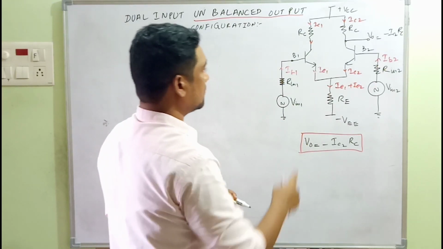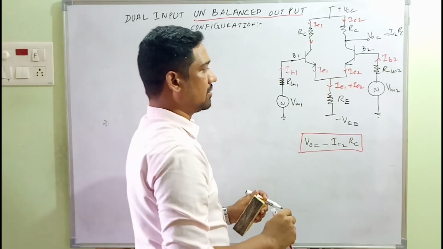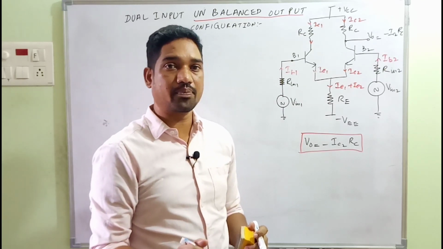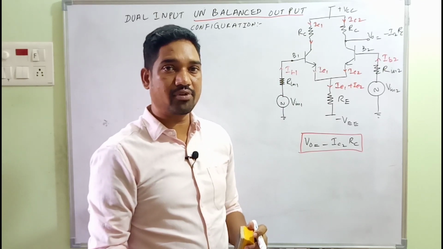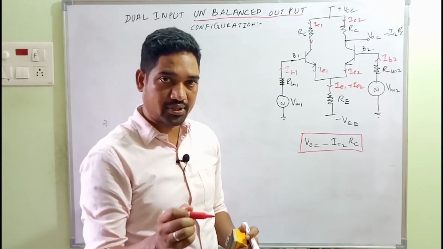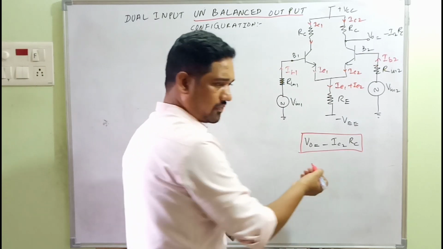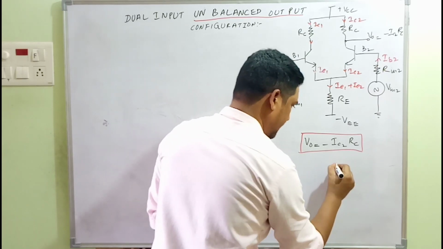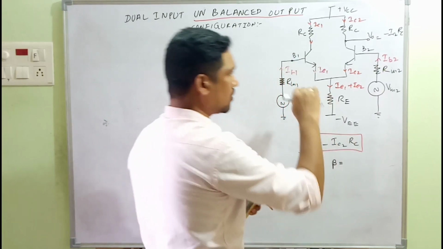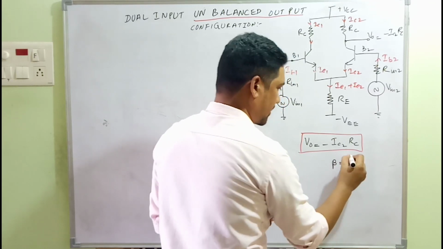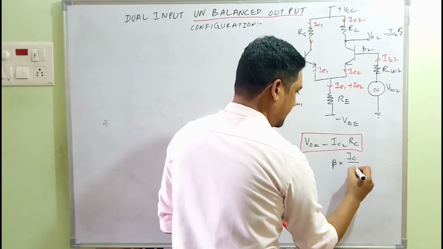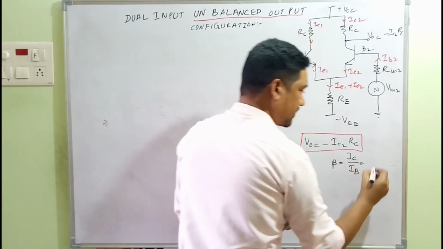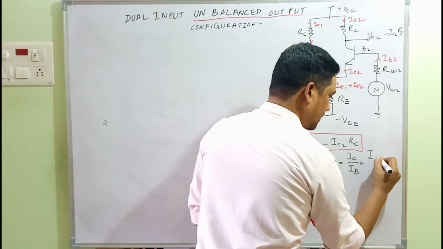Both transistors are connected in common emitter configuration, and in the common emitter configuration the input is the base and output is the collector. So input current will be the base current and output current will be the collector current. In that case, we have a beta. For every transistor we have alpha and beta. Beta will be equal to the output by input current. It's a current amplification factor, IC by IB, and for a transistor IC will be approximately equal to IE, the emitter current.